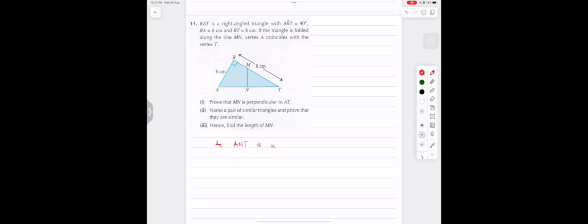And we can describe this as A and T is a straight line, as A coincides with T when the triangle is folded, so MN is perpendicular to AT.